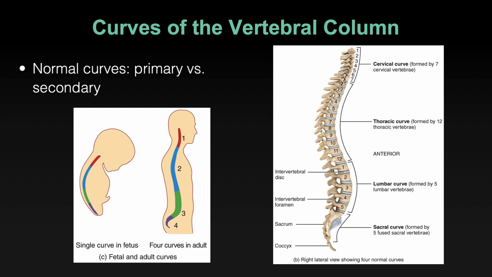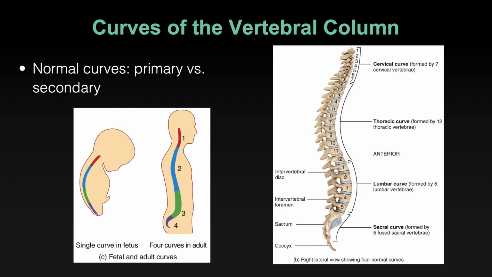There are primary and secondary curves in the adult spinal cord. When you start out as a fetus and a newborn, the spinal cord, or the vertebral column, is only curved in one direction. It's concave forwards. It's only curved in one direction.